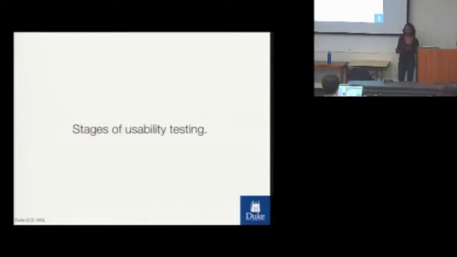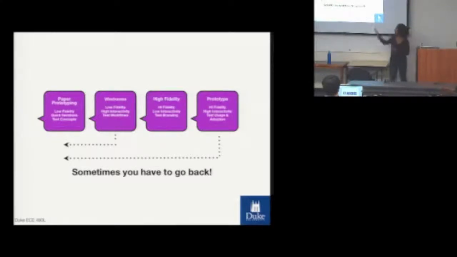The other thing I want you to keep in mind is that there are stages of usability testing. We've talked about this a little bit before, where we start with paper prototypes, then we do some interaction, then we do what's called high-fidelity mock-ups, and then we've got a final prototype that we're putting out. So there are four steps. It's not just one step and then you're done. A lot of times in the paper prototype itself, you might have to go back and refine what you're building.